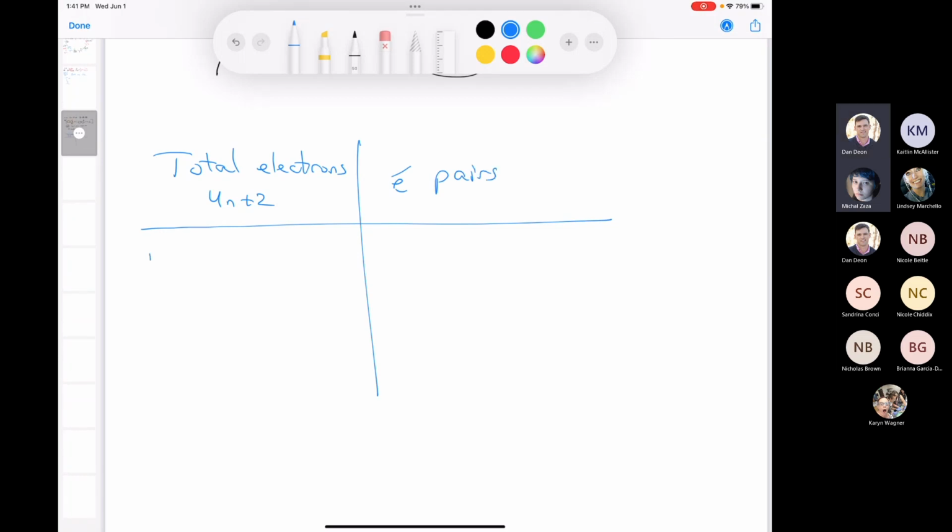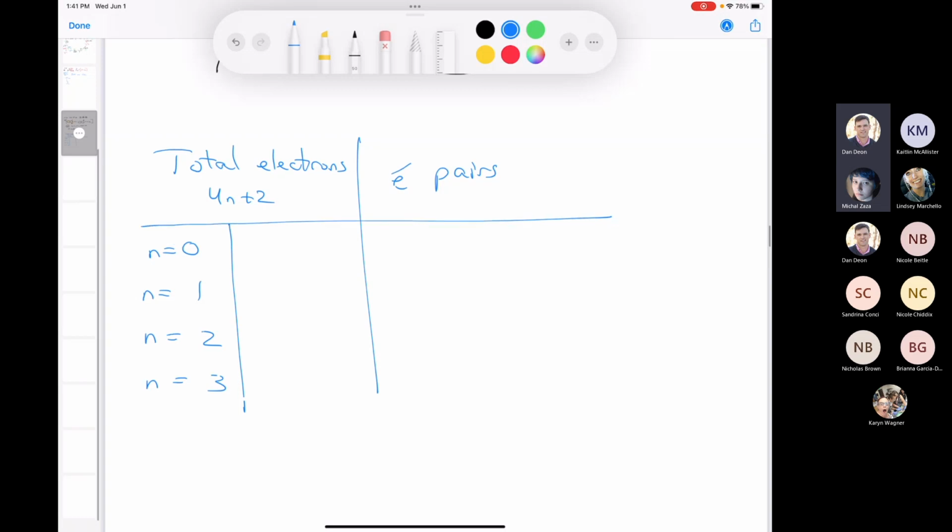If we have n equal to 0, n equal to 1, n equal to 2, n equal to 3. So what's 4n plus 2? If n is equal to 0, then we have 2. 2 divided by 2 gives me 1. 1 is an odd number, so you have 1 pair of electrons.